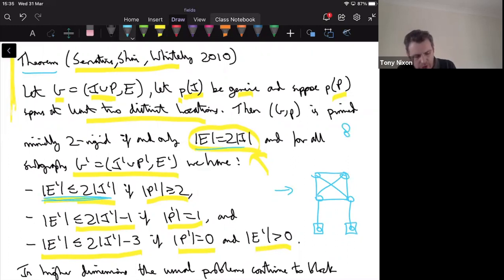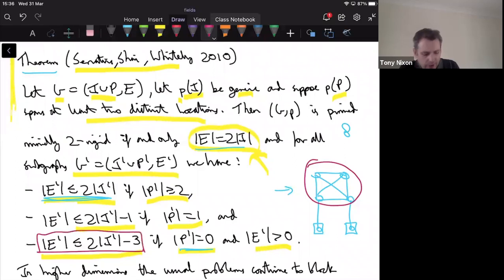This inequality is always satisfied, but what goes wrong is that if we have no pinned vertices and you just look at, say, this subgraph, we fail the Laman condition. So it should be relatively clear you need this. And if you think for a moment, you also need this one as well. And then they turn out to be the natural answer to give exactly this pinned minimal 2 rigidity.